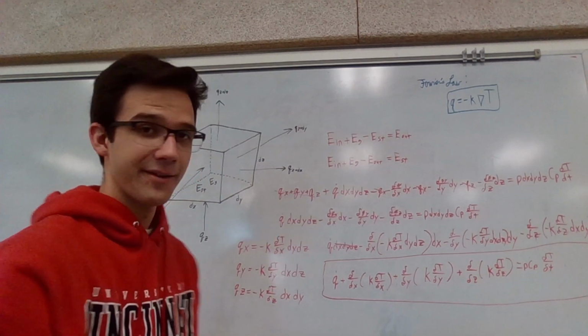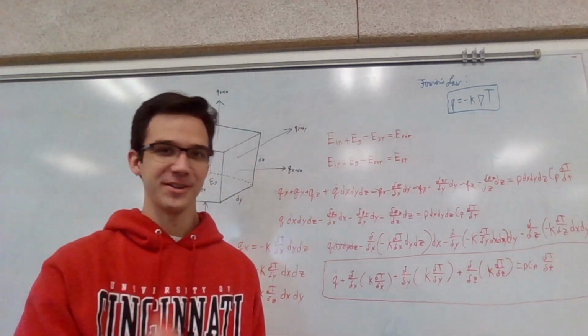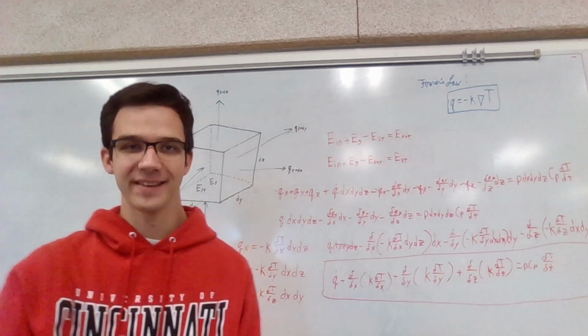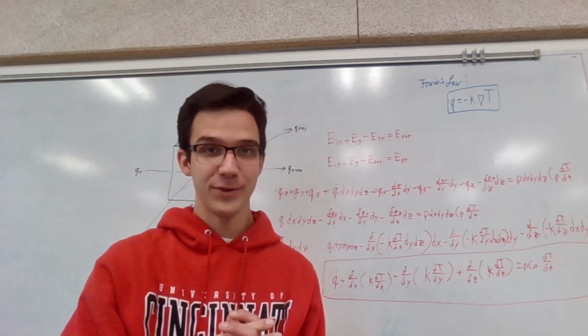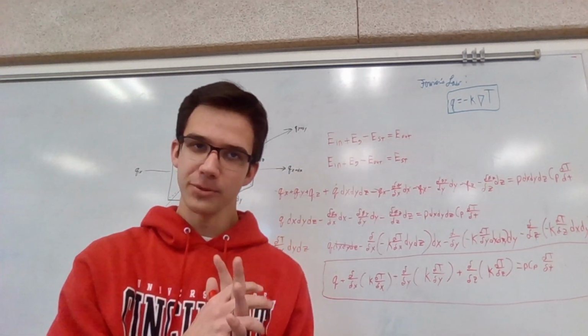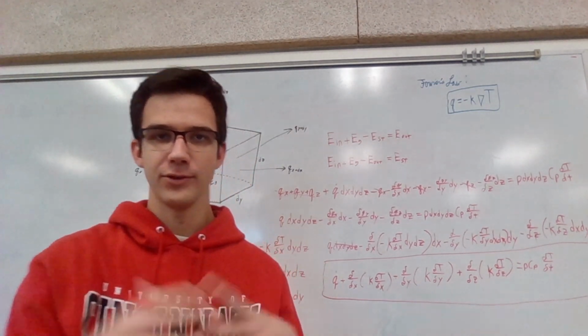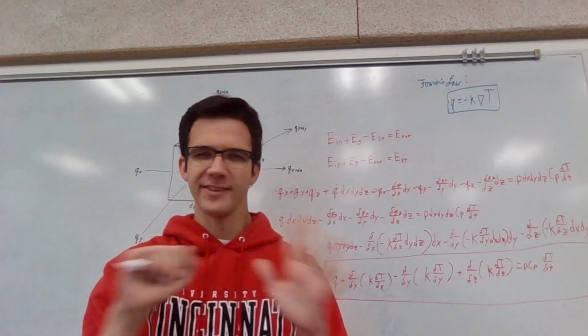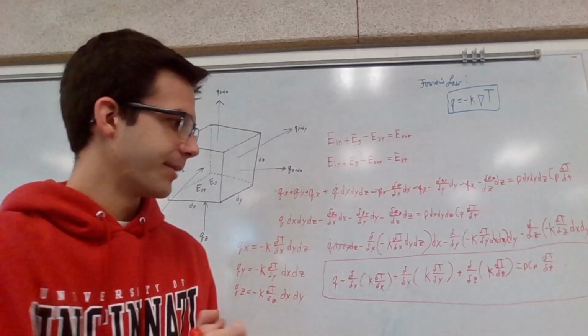And there we go. That's our general form of our heat diffusion equation for Cartesian coordinates. So next we're going to work on spherical coordinates. It's going to be a little bit longer, a little bit more complicated due to the geometry, but it's going to be the exact same thought process. So we're going to go ahead and do that now.